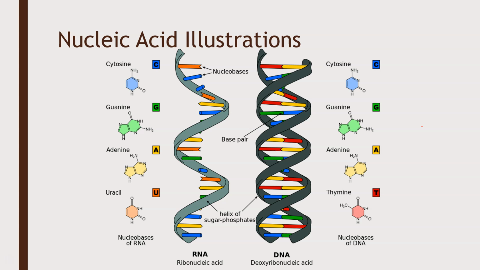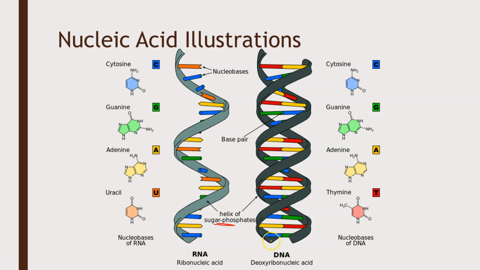If we take a look at the two strands of genetic material side by side, here on the left we have RNA, and on the right side we have DNA. These thick, dark-colored strands that we see here are the backbones, which consist of the 5-carbon sugar and a phosphate group.